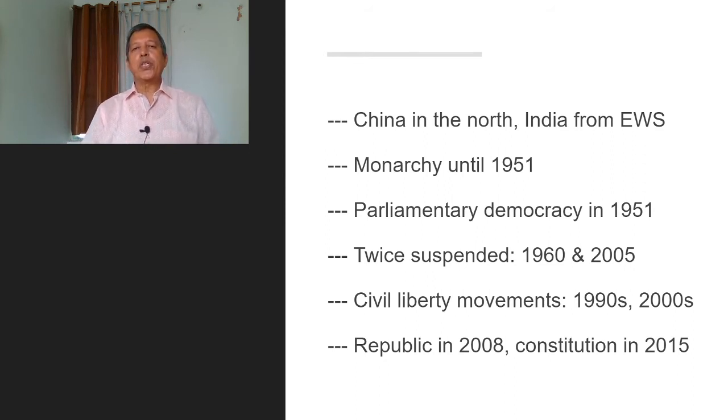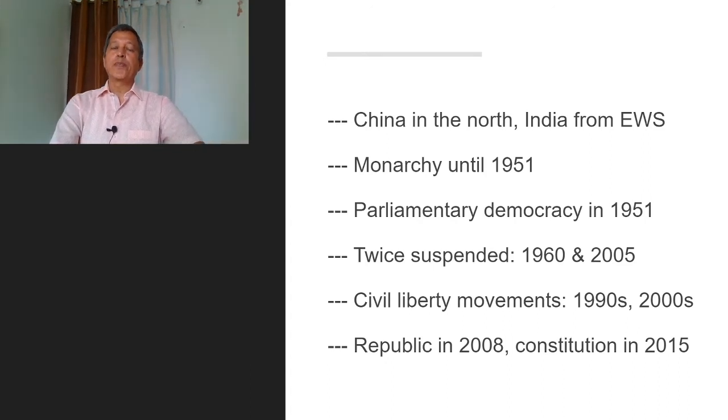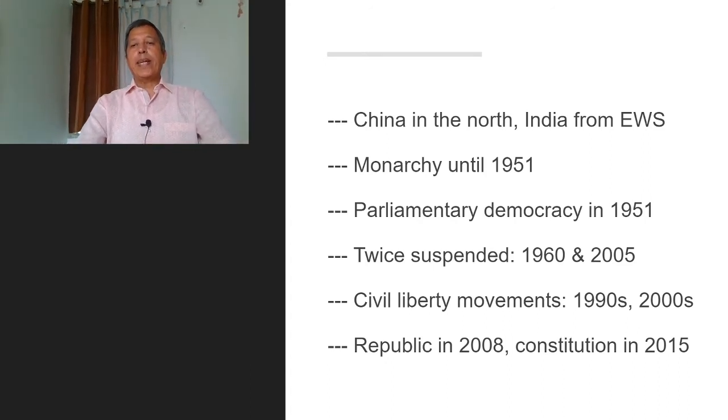There were movements, and finally the monarch decided to have established democracy in 1951. BP Koirala was the first prime minister. But it was there only for about 10 years.